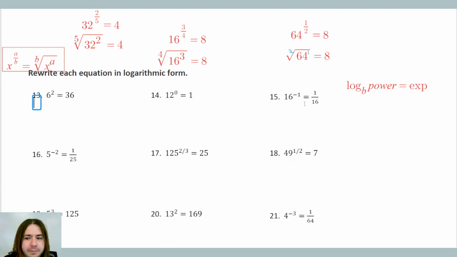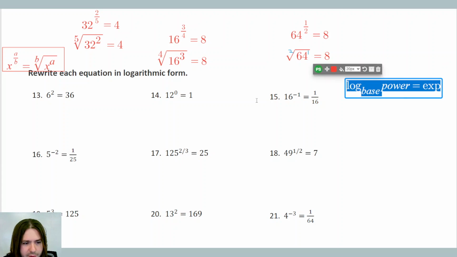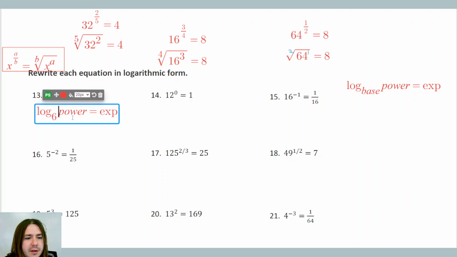I'm even going to write base to make it really obvious. Remember that the logarithm is just the exponent. So here we'll have log, and the base here is 6. The power is 36, and the exponent is 2.